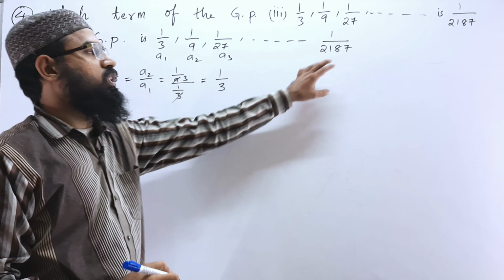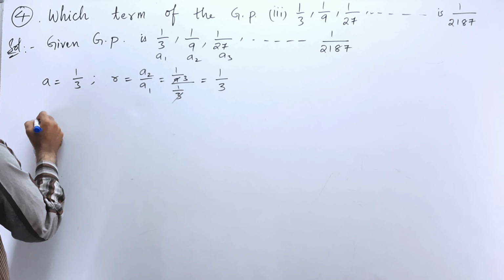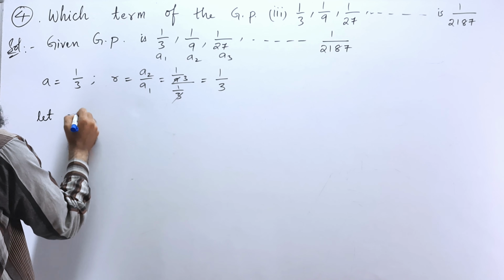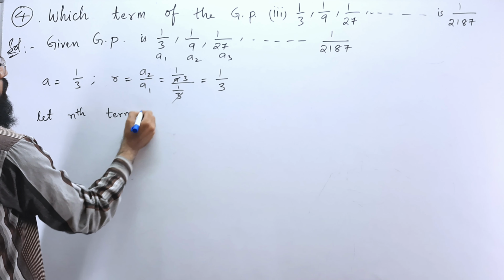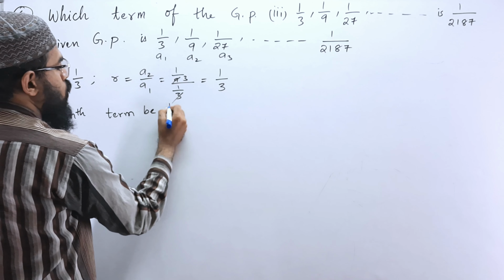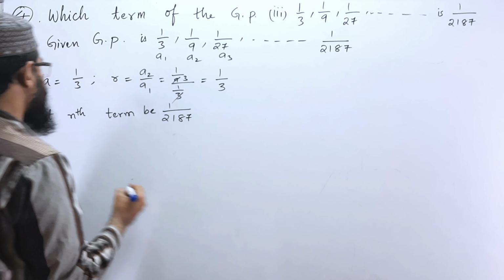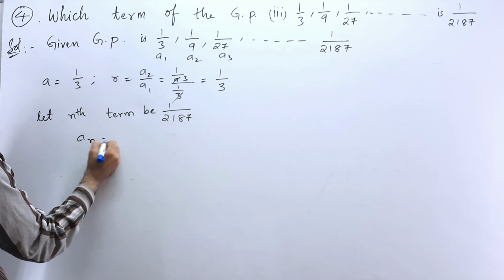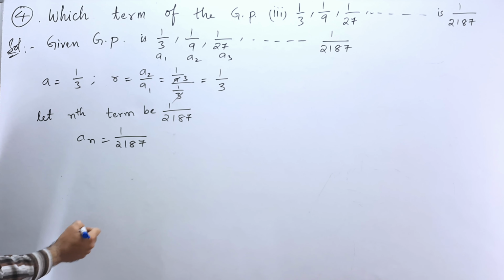Next, we don't know which term this is. So let this be the nth term. So let the nth term be 1 by 2187. So an is equal to 1 by 2187.